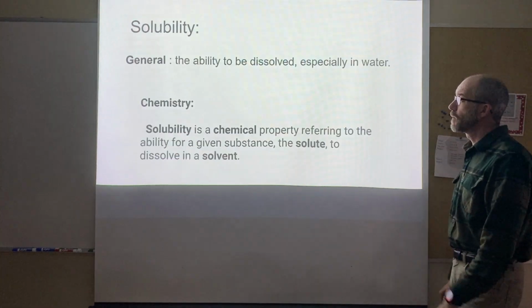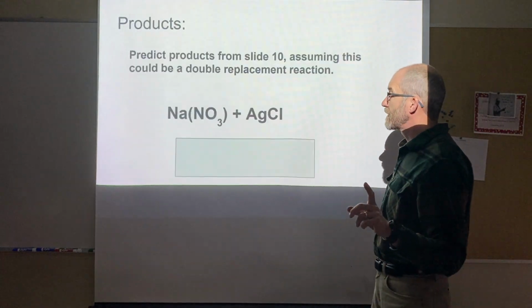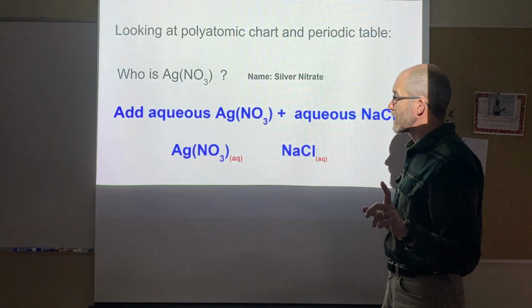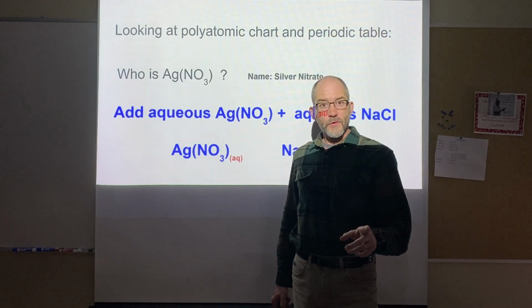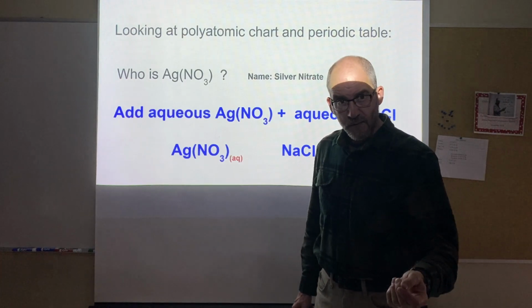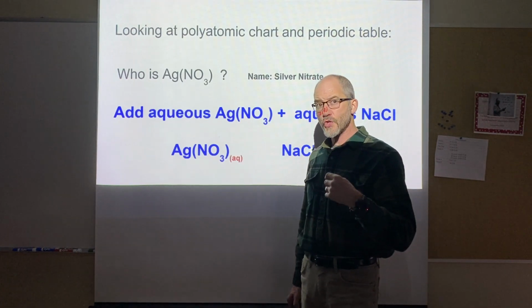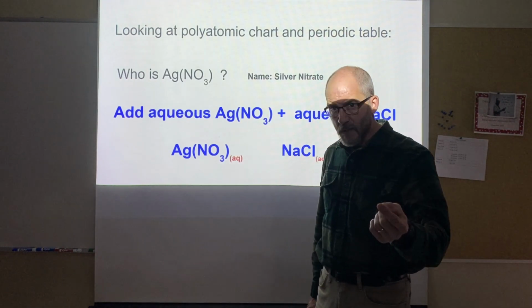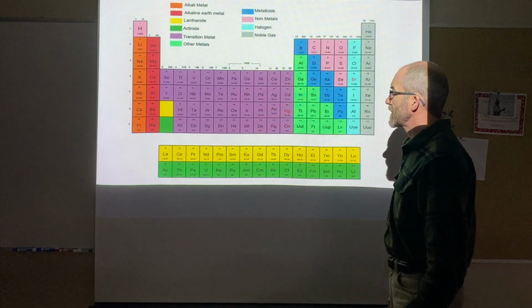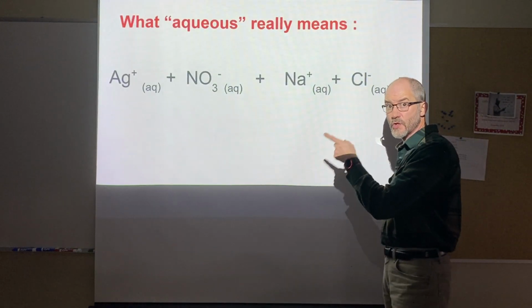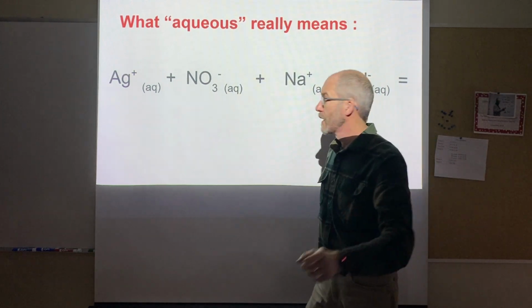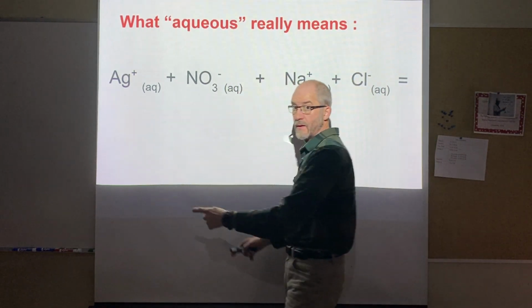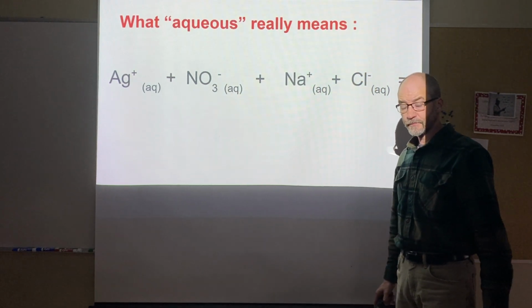All right, so let's do this to make sure we understand very quickly. I needed for you to understand what aqueous meant. But once you understand what aqueous means, then you understand that this is the definition of aqueous. If I put you in water and you come apart, that is an aqueous solution.